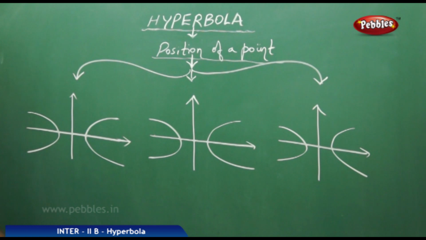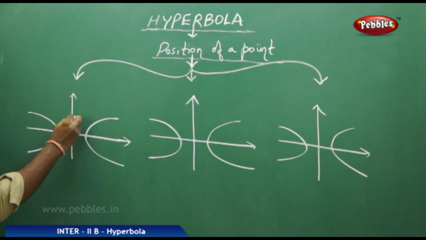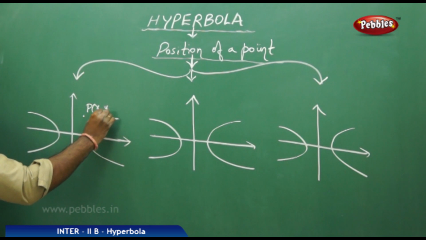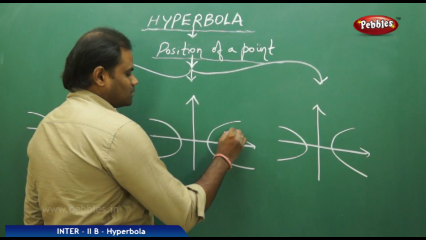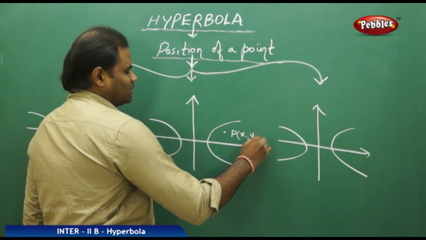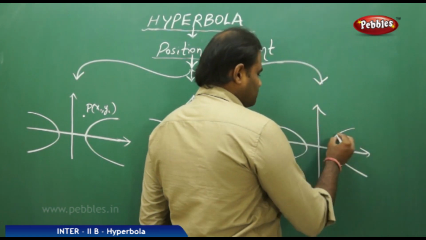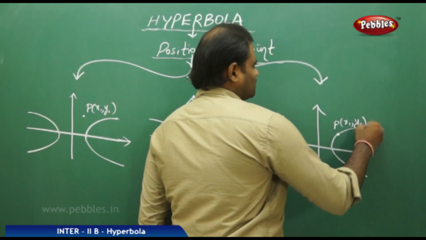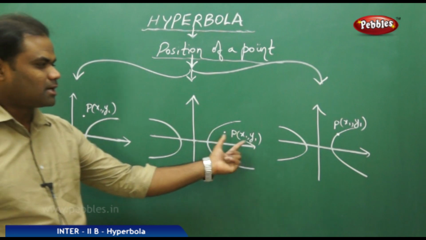So in each of the three cases, case 1 has the point P outside the hyperbola, case 2 is P inside the hyperbola, and case 3 is P on the hyperbola. So with each of the cases, we identify that here P is outside, P is inside, and P is on the hyperbola.